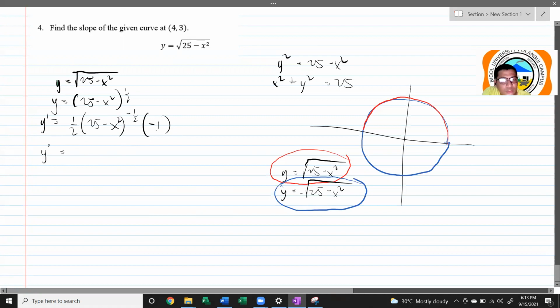Wait, this is x squared, so the derivative should be negative 2x.